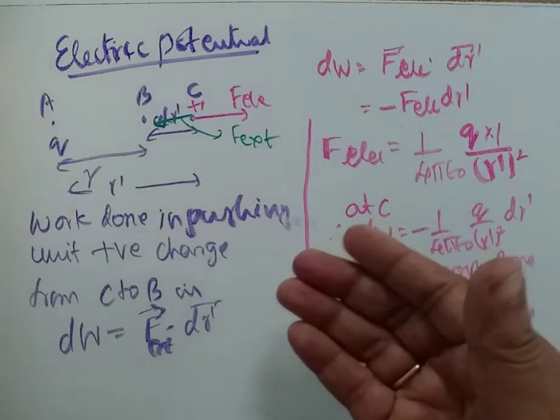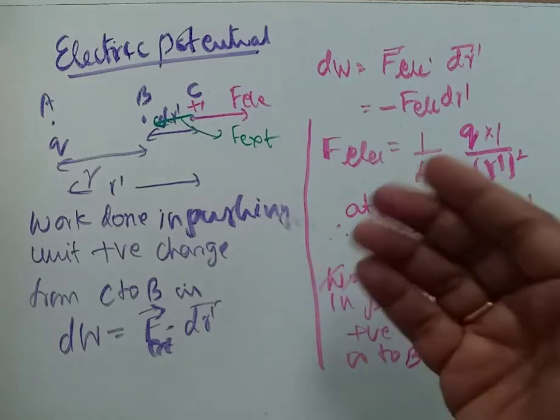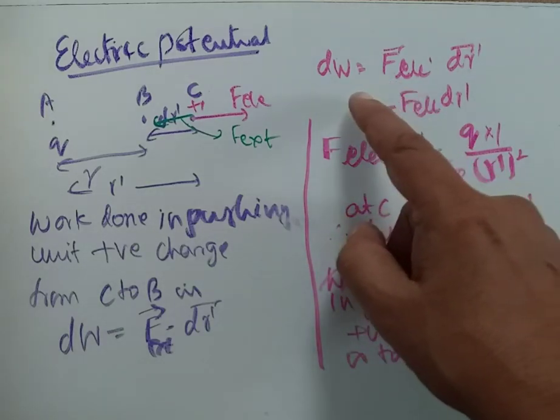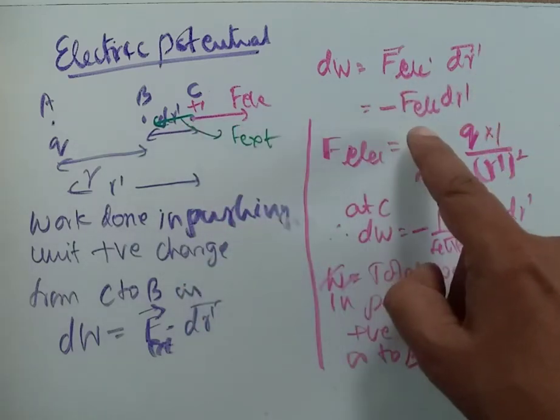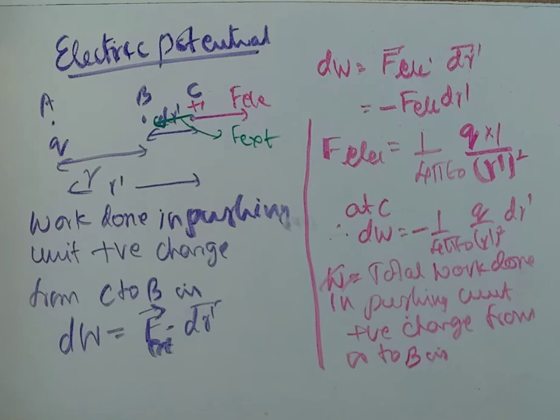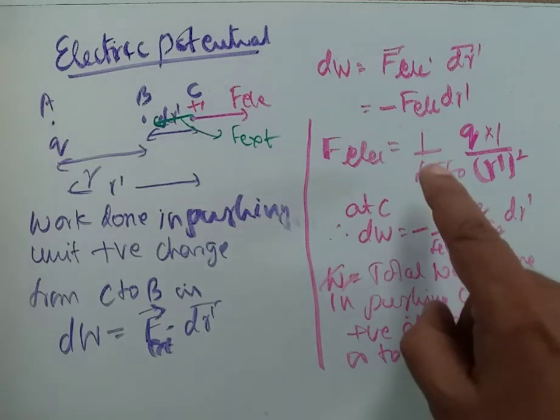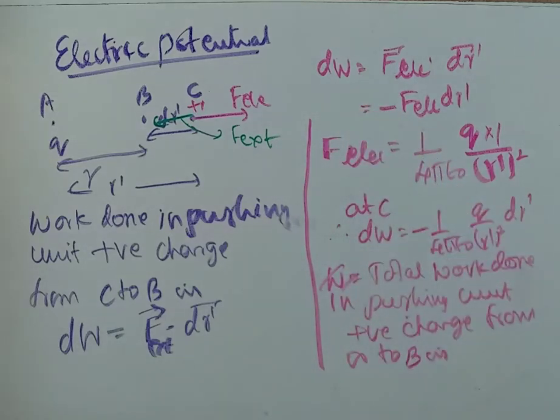But equivalent work is done against the field. That's why we write dW as F electric dot dr, and as they are opposite, instead of A dot B meaning AB cos theta, we get a minus sign because theta becomes 180 there. Cos 180 is minus 1. So we simply write dW as minus F electric dr dash.